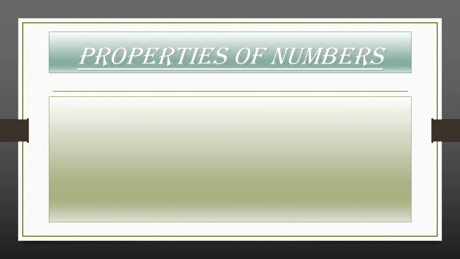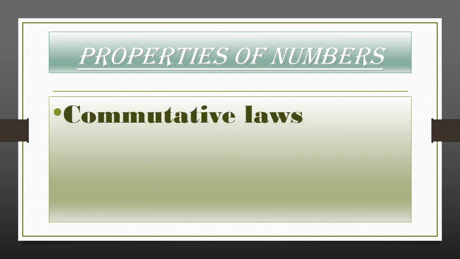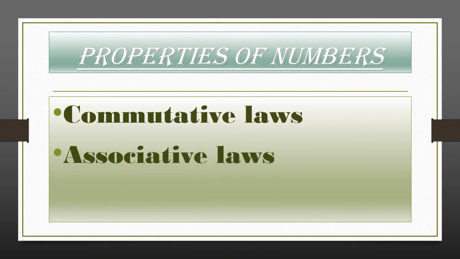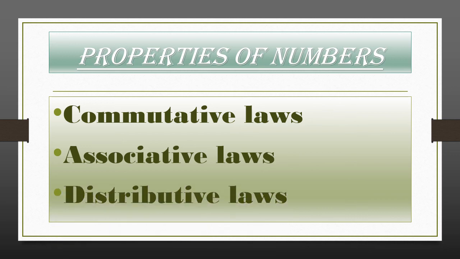Please note that three major properties are used in mathematical or arithmetic operations. Number one is commutative laws, second is associative laws, and third is distributive laws.